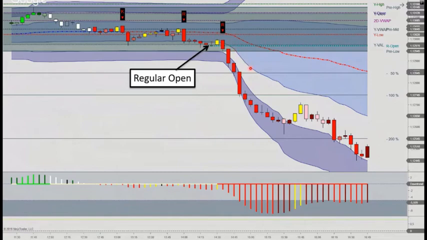Of course, in this scenario, we're already sitting pretty much here at the overnight low, so we can't use that as a target. Also, the VWAP bands here are quite contracted because of the narrow overnight range, so prices move outside the outer standard deviation bands fairly quickly.